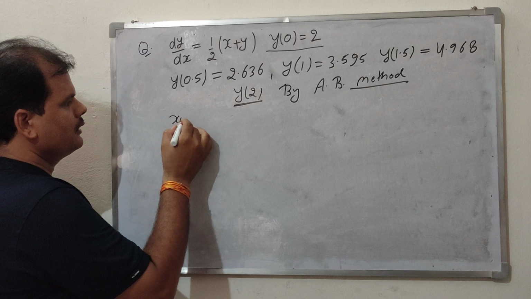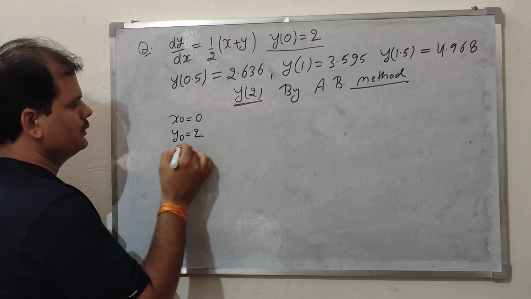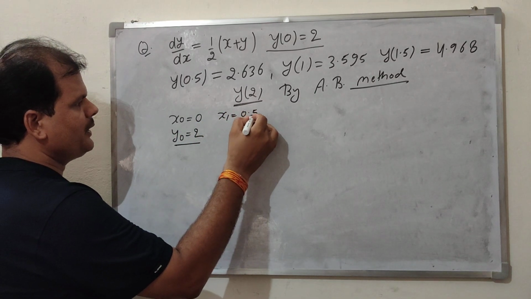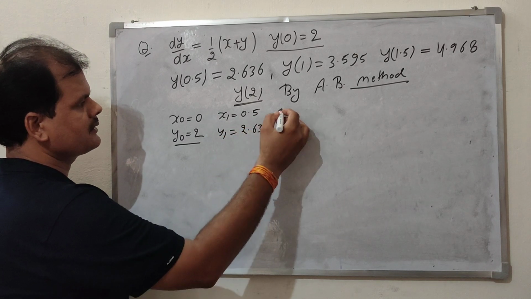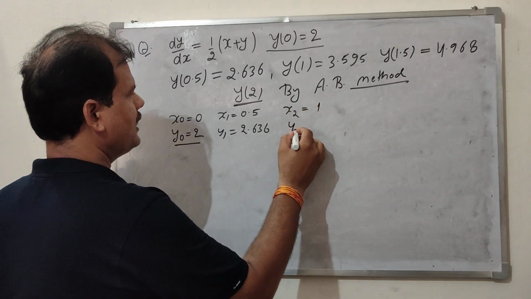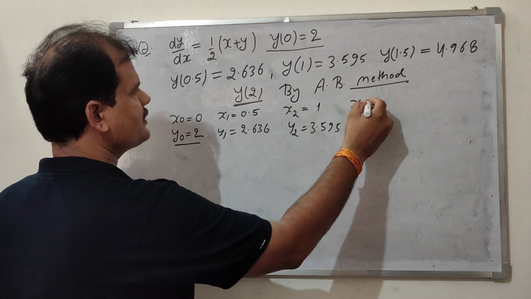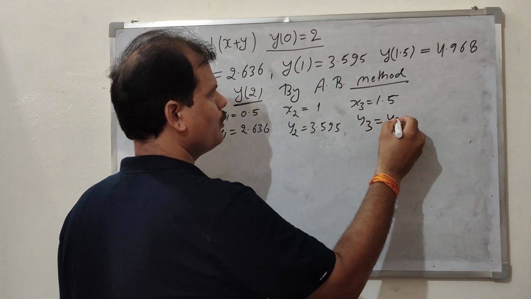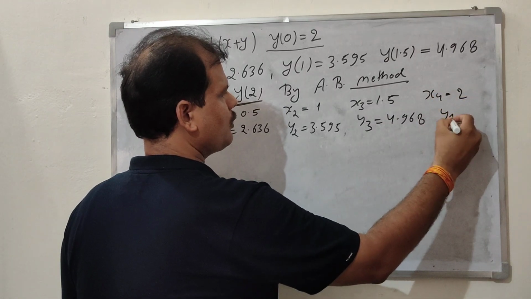So x0 equal to 0 and y0 equal to 2. X1 equal to 0.5 and y1 equal to 2.636. X2 equal to 1 and y2 equal to 3.595. X3 equal to 1.5 and y3 equal to 4.968, and x4 equal to 2, and y4 we need to find out.